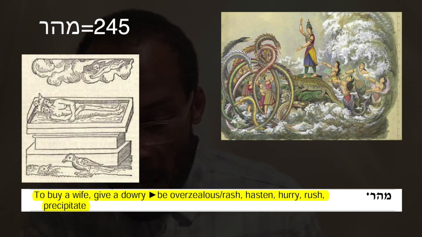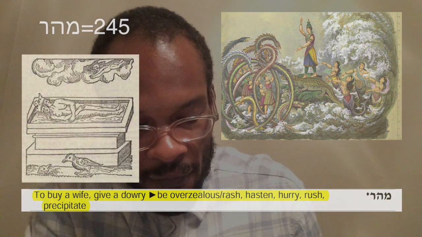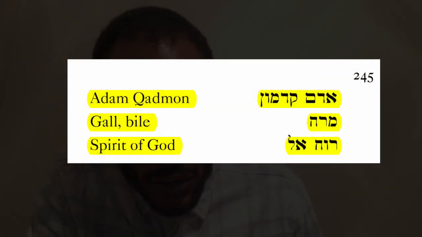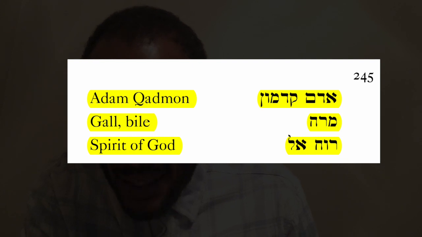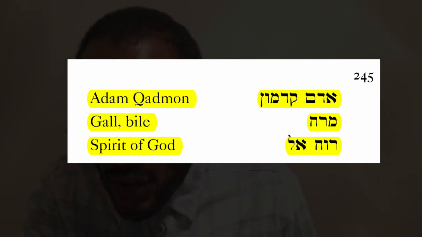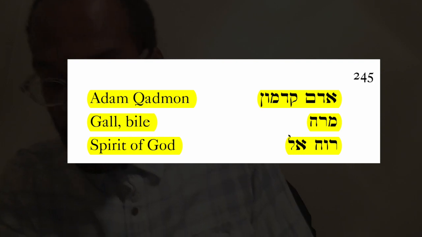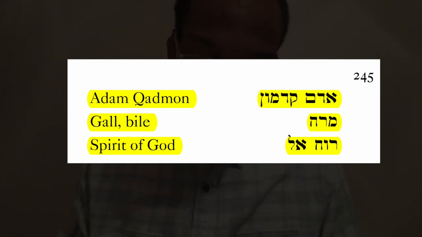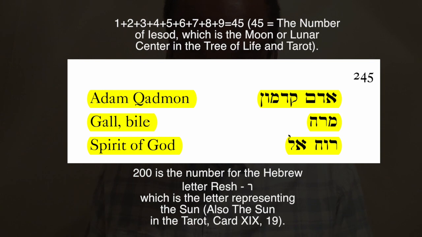In Sephiroth, the gematria for 245, which I'll show on the screen, will show words relating to the original man, Adam Kadmon, and the Holy Spirit, which I reference when talking about Pegasus and Mount Helicon and its creation of the Hippocrene spring. 245, lastly, breaks down to 200, which is the sun because of the Hebrew letter Resh, which is the letter of the sun, and 45, which is a number of the moon.